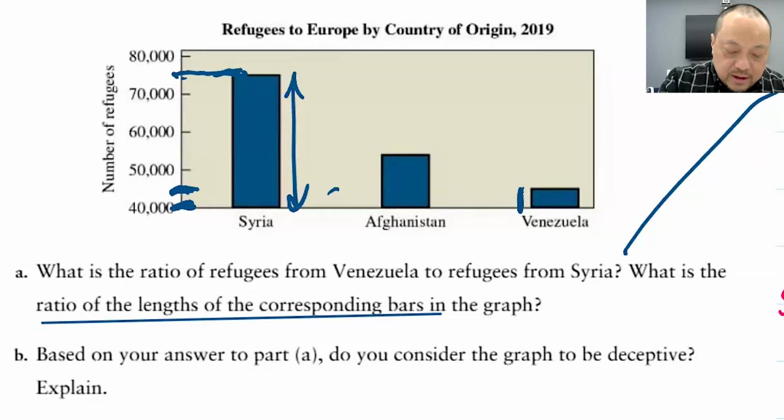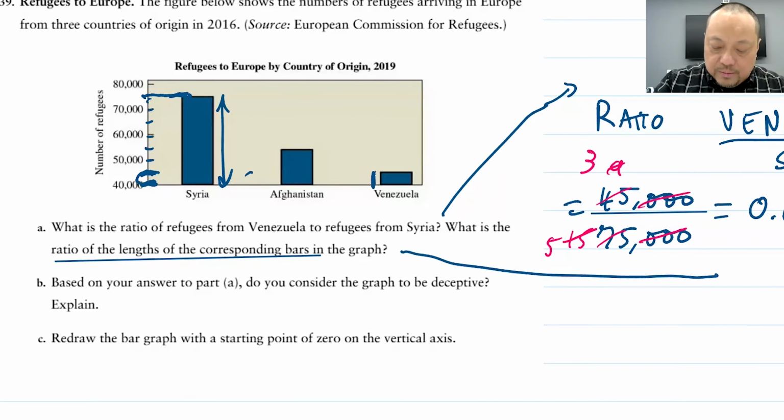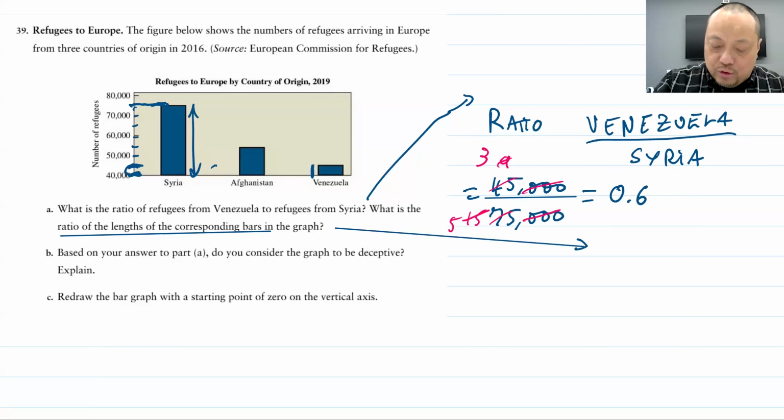The ratio is this little piece to that big piece. How many little pieces are there in the big piece? Well, 1, 2, 3, 4, 5, 6, 7. So this ratio is actually 1 out of 7. If you divide 1 by 7, you get approximately 0.14.